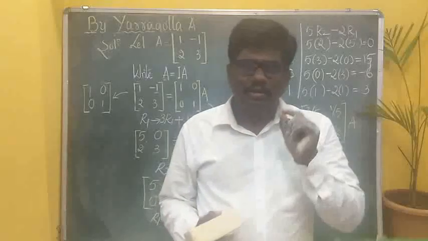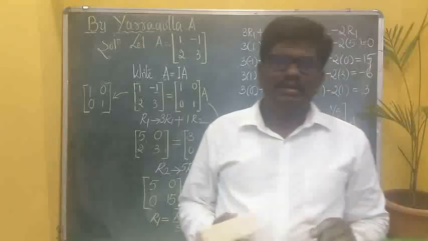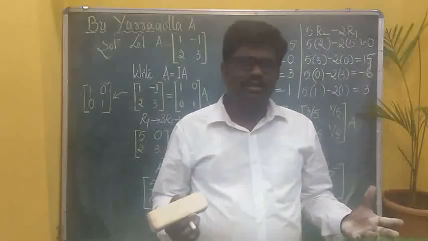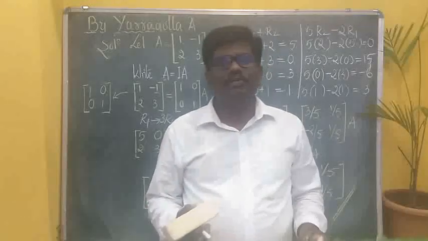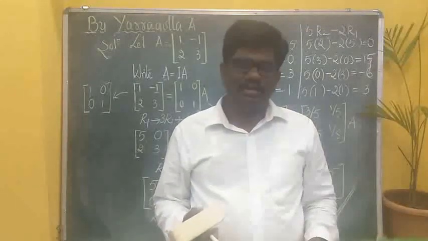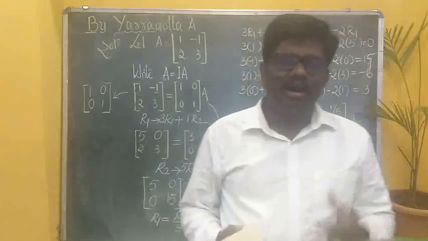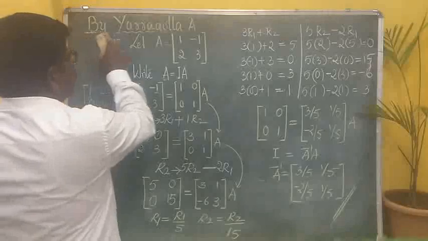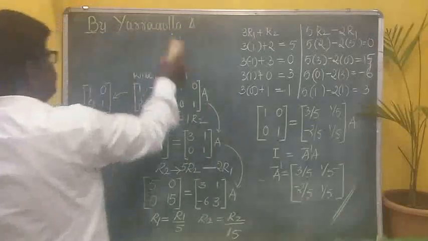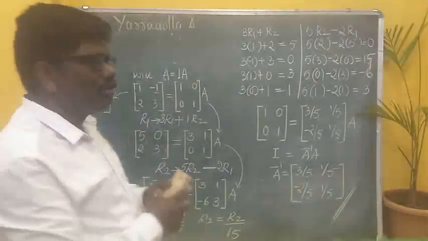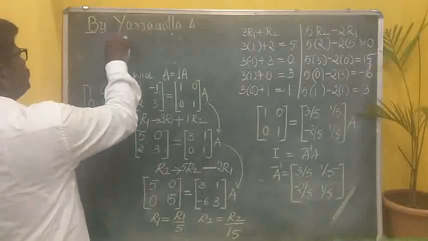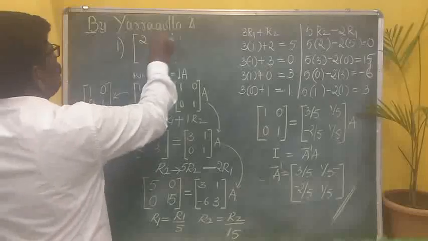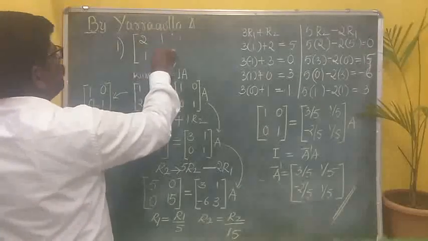Okay. So I'm going to give you one problem. Use the same method. Numbers will be changed, method will be followed. Try to get the answer. All the best. So here I'm going to give you the question now. See here. The first question is like this. Using the elementary transformation. The first question is: 2, 1, 1, 1.